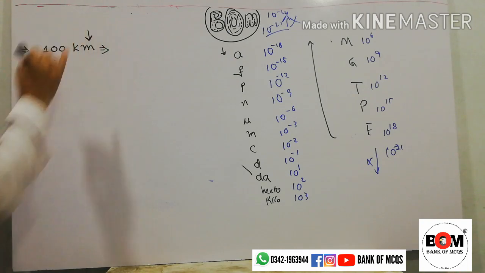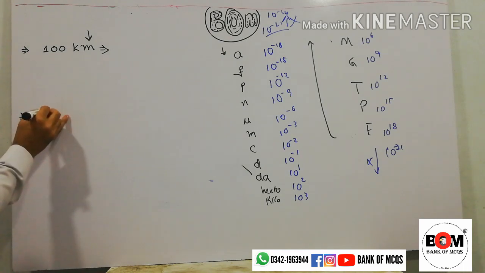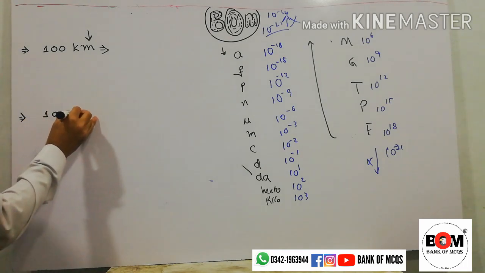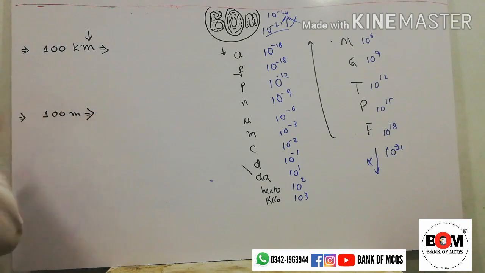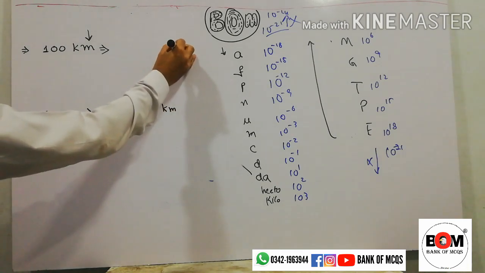So for all numerical, ETA MCQs, MDCAT MCQs or any other test, we will convert this kilometer into meter. The next, if someone tells you to convert 100 meter into kilometer, how do we convert these?